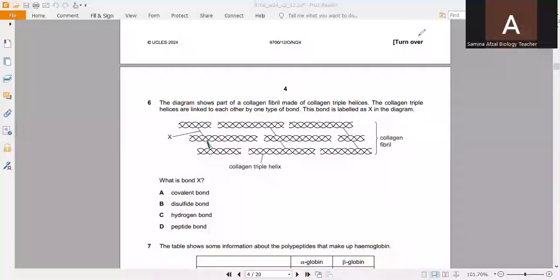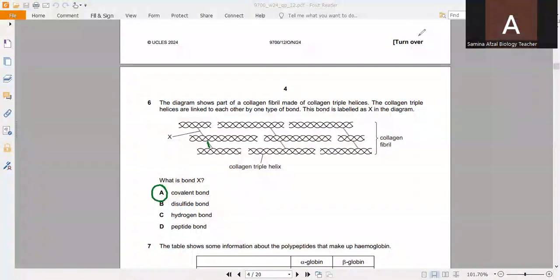The bond X, these are the cross links, and this is the covalent bond, A. Simply we can say these covalent bonds are the cross links. These cross links provide the collagen fibrils with their tensile strength and stability.